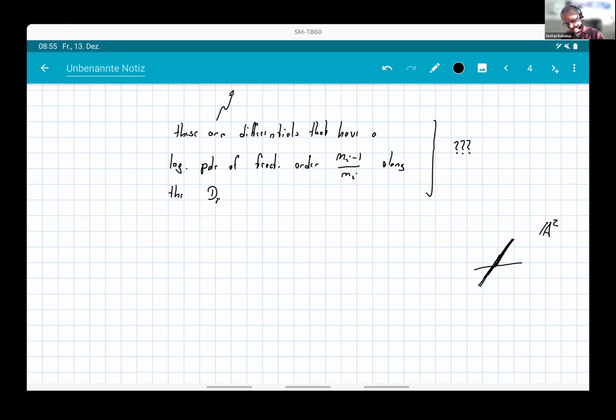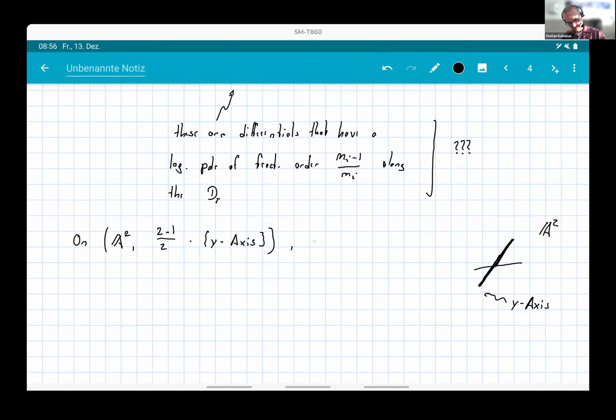We have the y axis, and so on A2. And then we have 3 minus 1 over 3. Let me take 2. 2 minus 1 over 2 times y-axis.